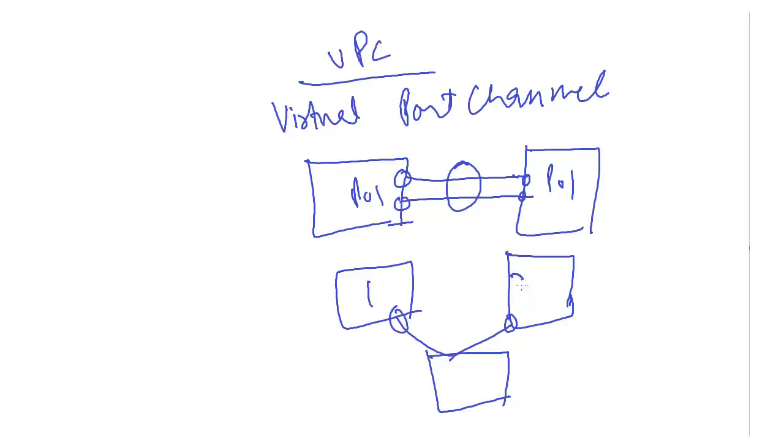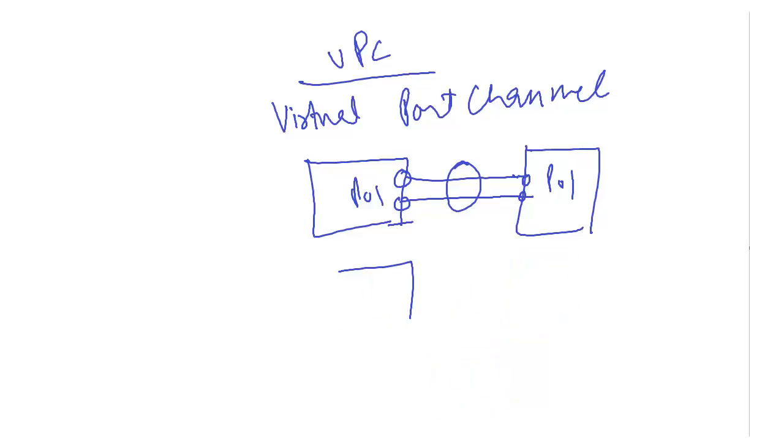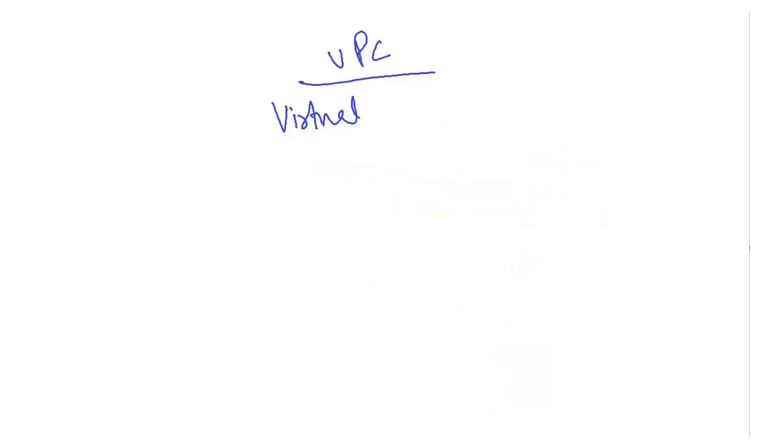So if these are two different switches, we cannot do it in traditional port channels. So we have come up with the concept of vPC in Nexus devices only. So it is possible in Nexus. In the Nexus devices, we can do it. Let me show that to you.